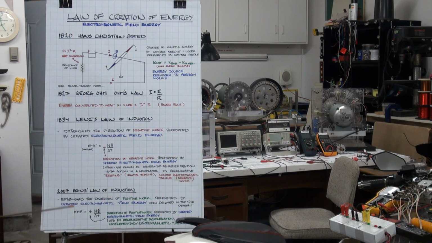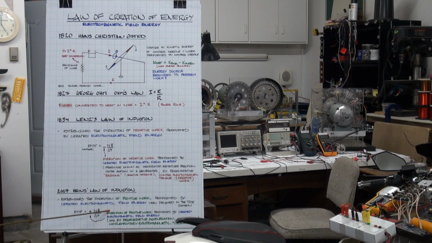So in the description box I will put videos that explain how electric vehicle regenerative acceleration is produced, and how the minus sign in front of Lenz's law can be turned into a positive sign. And the negative work can be turned into positive work in an electric generator when the electromagnetic field energy is delayed in the time domain.